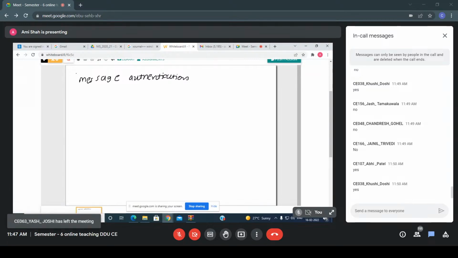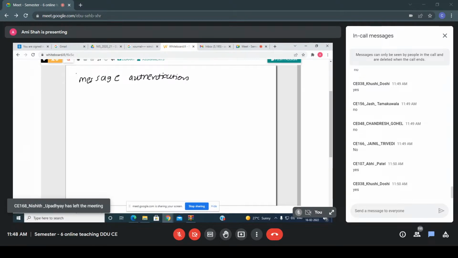Now, what do you mean by authentication? Suppose there are two parties, Alice and Bob. Suppose Alice is sending a message to Bob. Then Bob has to ensure the message is coming from Alice, and this is known as authentication.